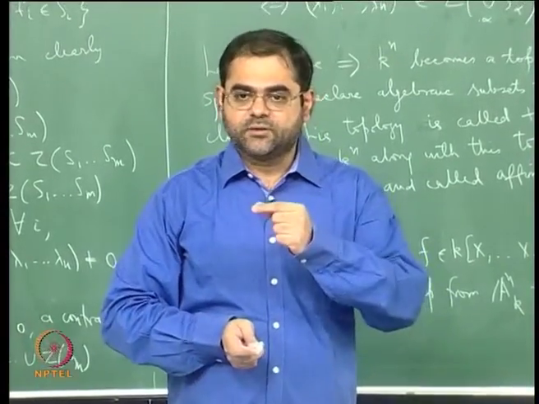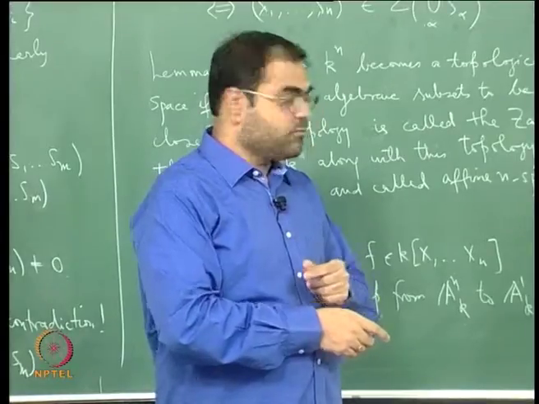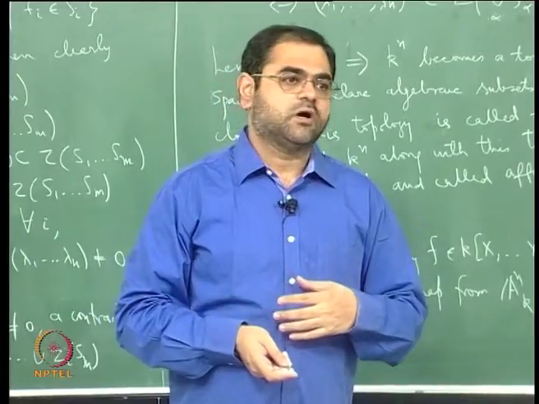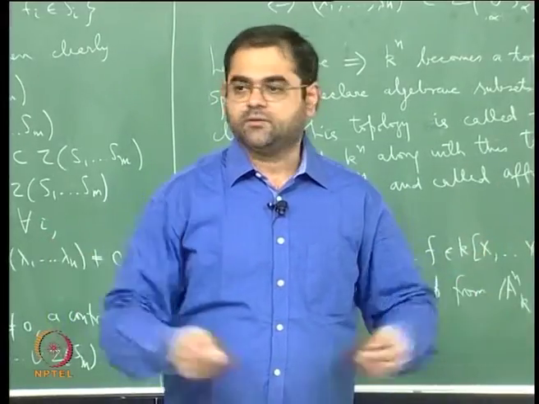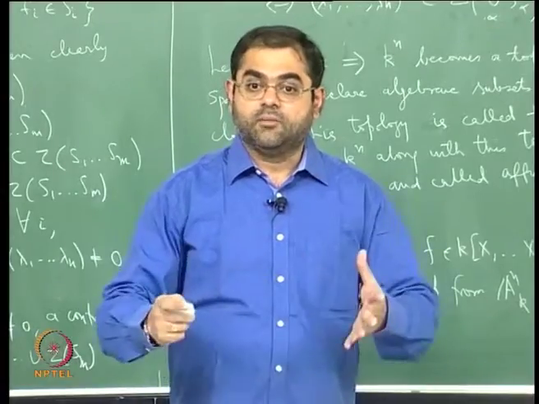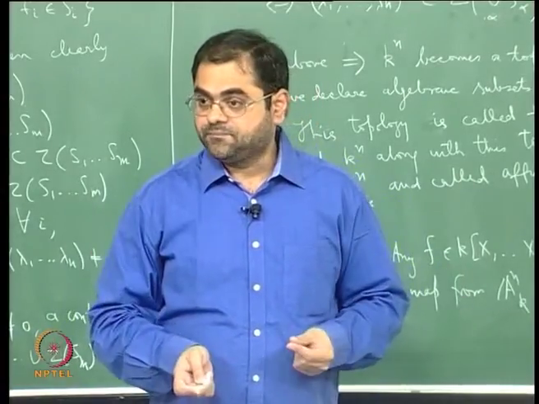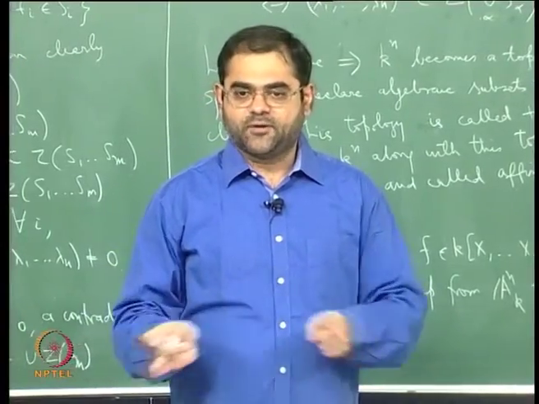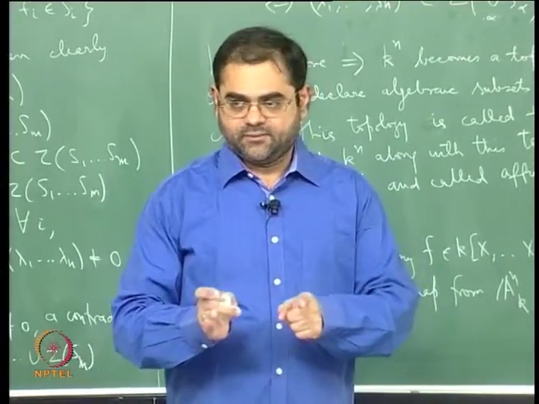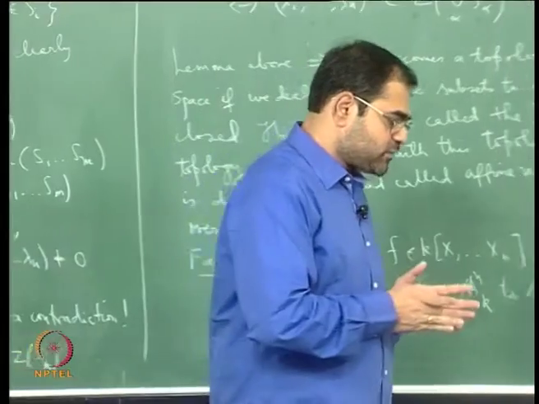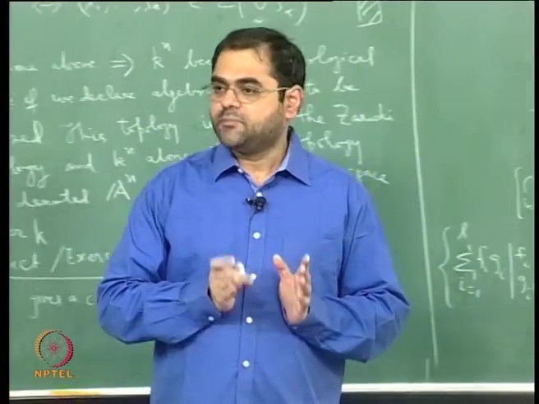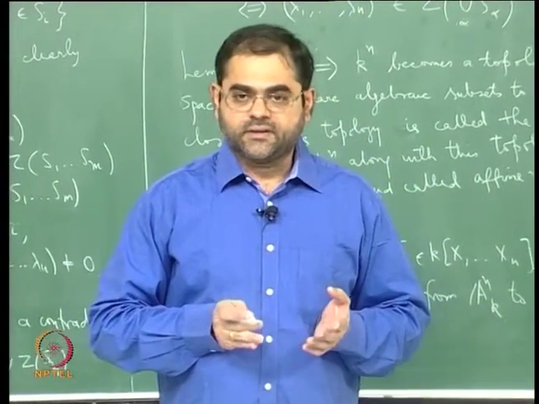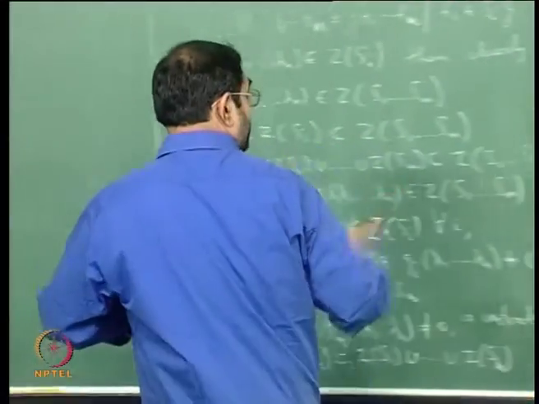So this somehow removes this apprehension that even though you may be trying to get common zeros of an infinite set of polynomials, in principle you are actually looking at zeros of only finitely many polynomials, and this fact follows from the so called Hilbert basis theorem or Emmy Noether's theorem, which is one of the fundamental theorems that you study when you study Noetherian rings in commutative algebra. So let me recall that and write that down.